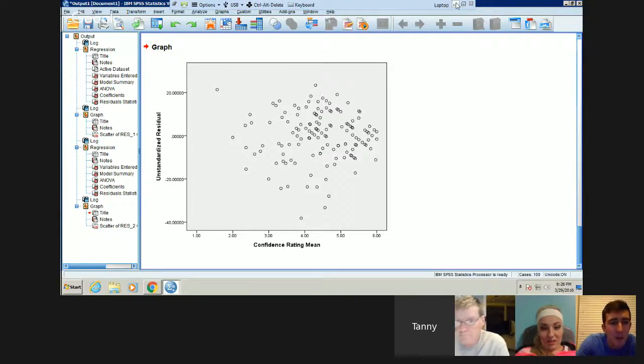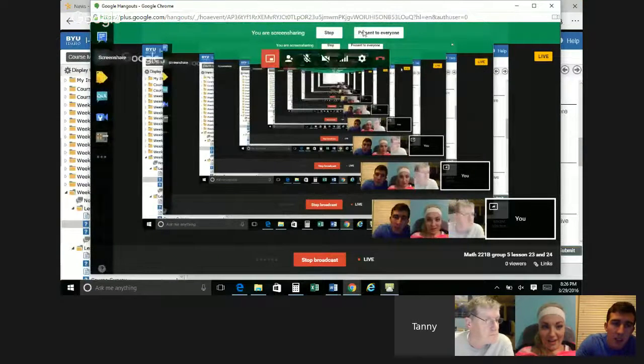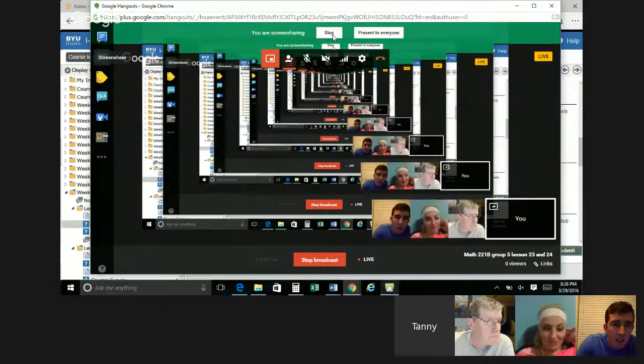It doesn't give me a residual graph. I think I have to make one, which I'm not exactly sure how. I'm looking at the instructions for Excel. My SPSS isn't working, and it's not giving me what Tanny has. Okay, I can actually make it.